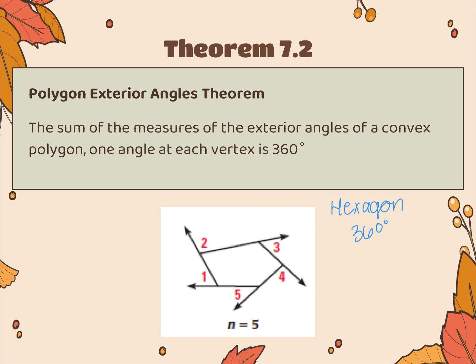If you have a 50-gon, the sum of the exterior angle measures is still going to be 360. For any polygon, it's always 360, no matter what kind of polygon it is.